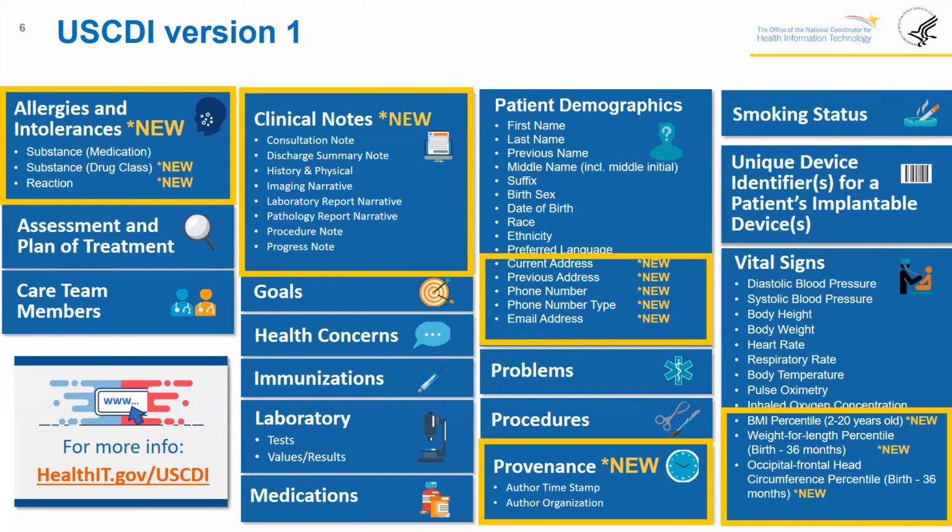The new data elements within provenance are author organization and author timestamp. USCDI also added several patient demographic data elements, including current and previous address, phone number, and email address. It also made capture and exchange of several pediatric growth-related vital signs a requirement, whereas previously they were optional using prior certification editions. Next slide.